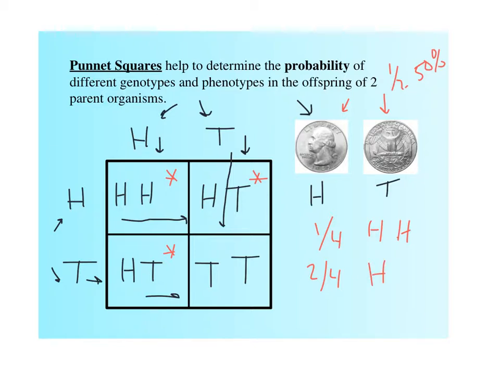And last, what are the chances of just getting 2 of them with tails? Well, only 1 out of 4 boxes has tails, tails. So that goes back to 1 out of 4 chance of getting a tails and the other quarter being a tails. So that's how it works. But remember, we're not going to be using coin flips. We're going to be using genes or alleles.